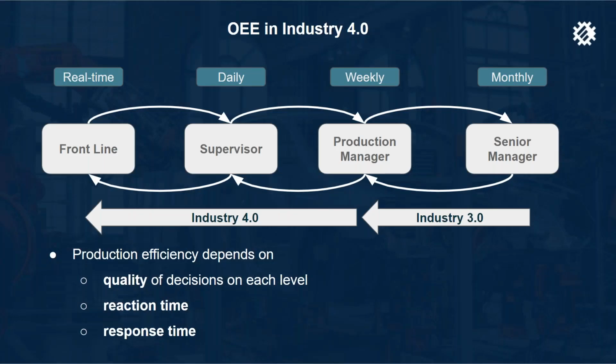So here is a really important and interesting dashboard presenting the transition from industry 3.0 to industry 4.0. These different layers where we have the management of the plant and some production managers that are accountable for orders, for lines, for plants, supervisors on the front line.